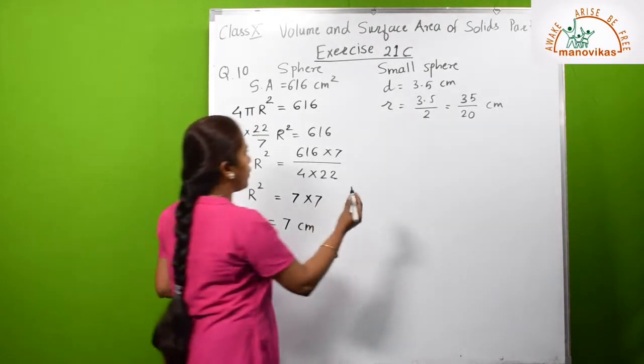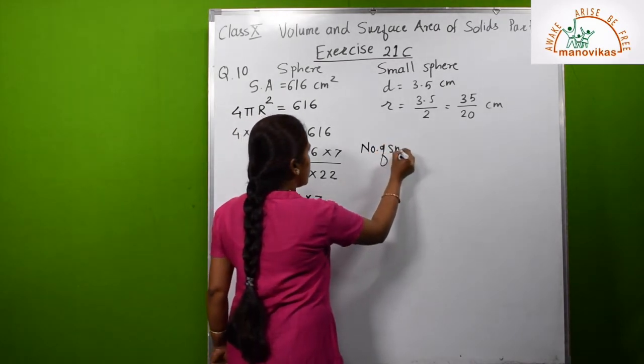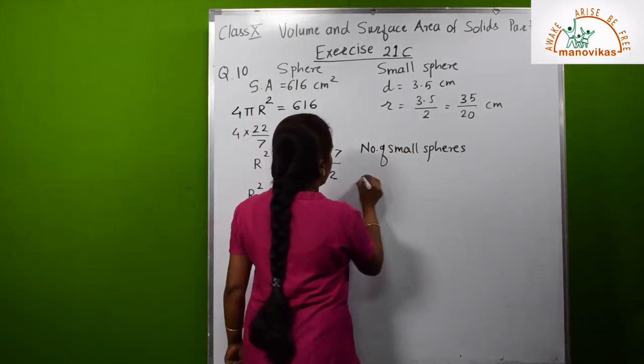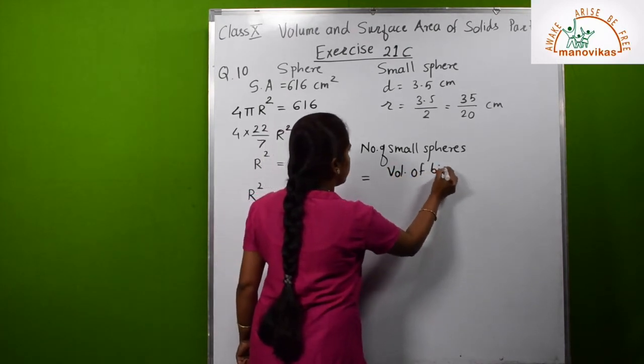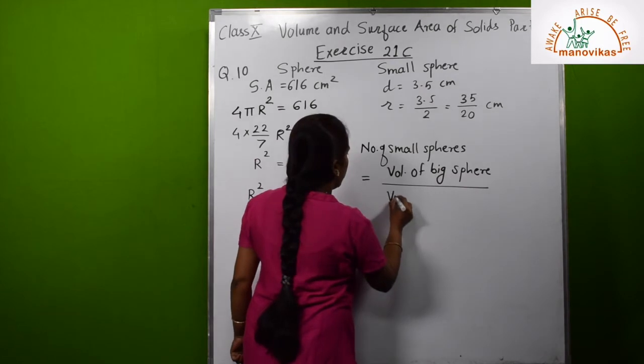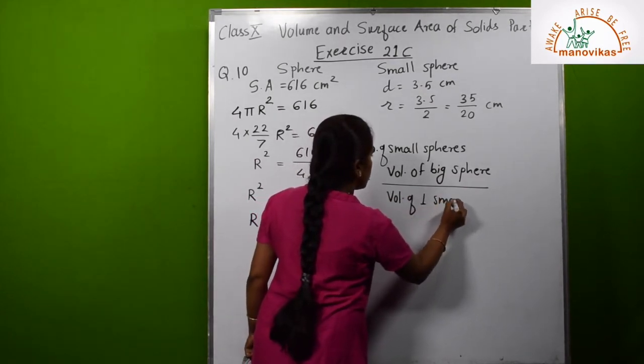Now we have to find the number of small spheres. So the number of small spheres is equal to the volume of the big sphere divided by the volume of one small sphere.